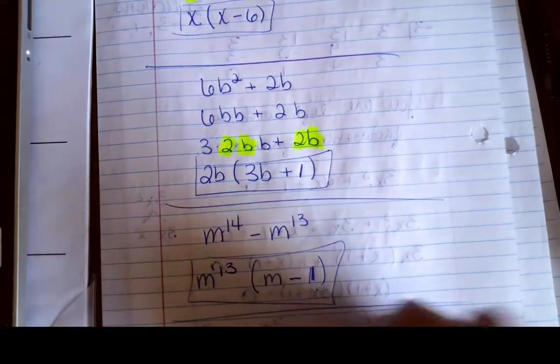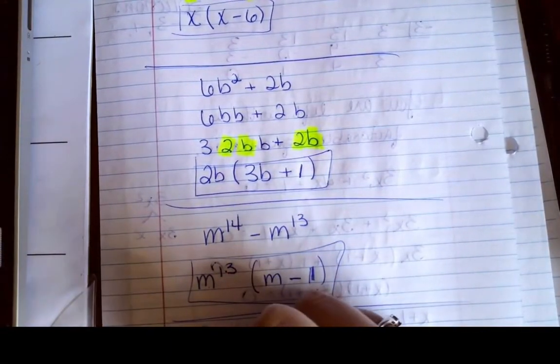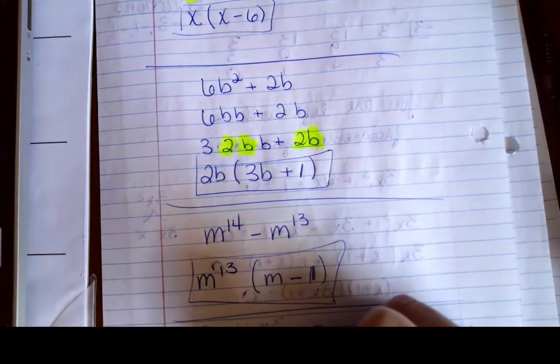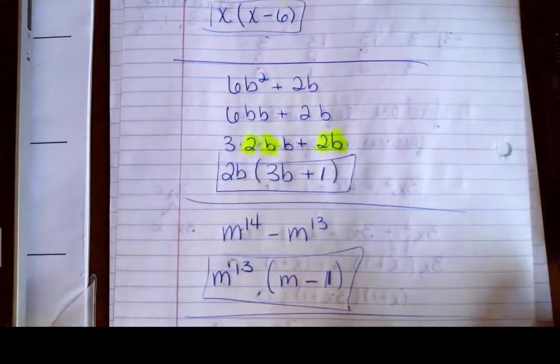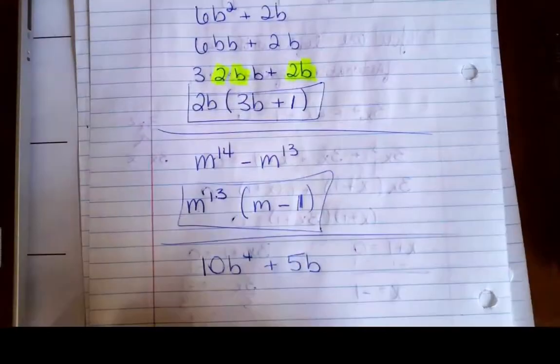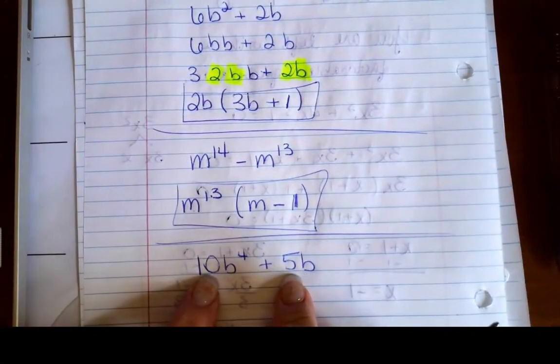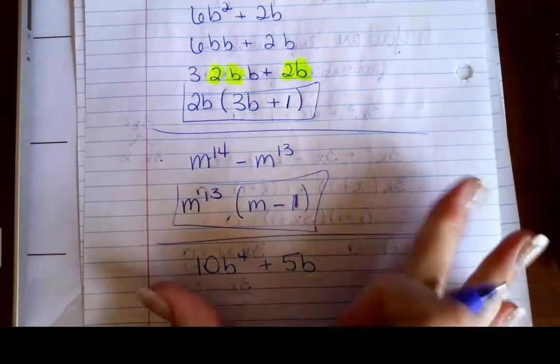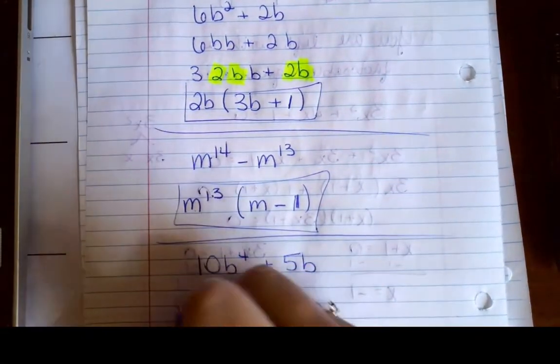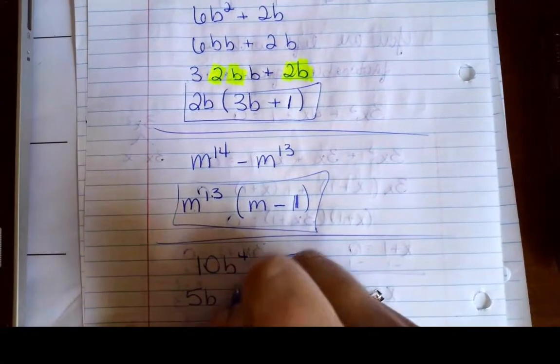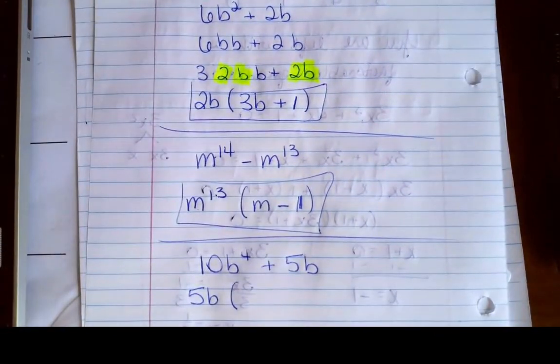Okay, so I have a 10b to the 4th plus a 5b. So what do they share? I've got a binomial. What do they share? Well, these both have factors of 5, and I can pull a single b out of both. So I'm going to pull out a 5b, which is a fancy way, or a slacker way, actually, of saying I'm going to divide.